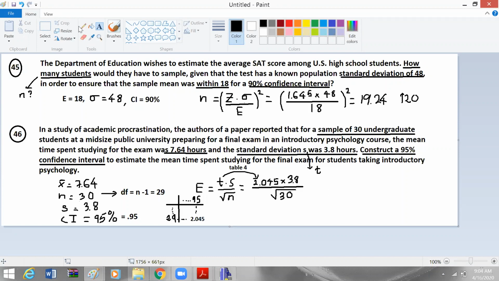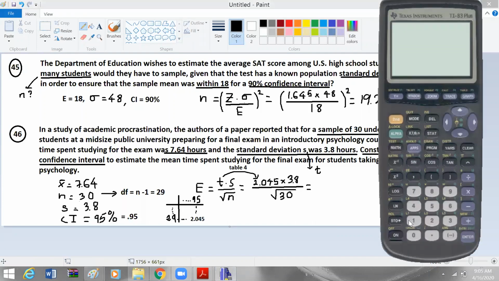Now we're going to do this calculation on the calculator as well. The calculation that we need to do is 2.045 times 3.8 divided by radical 30. How can we get the radical? It's different from the square. You can't just hit the square, because you'll get the something squared. In order to get the radical, you hit second and then the square root.